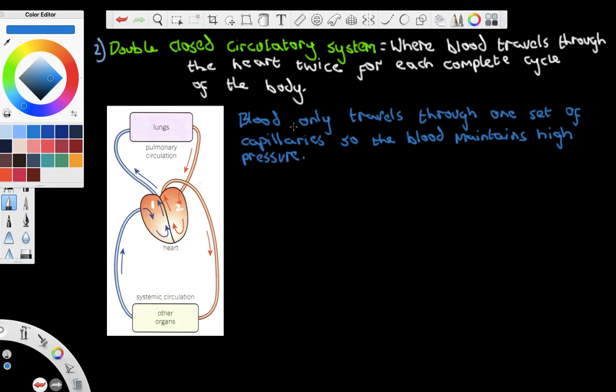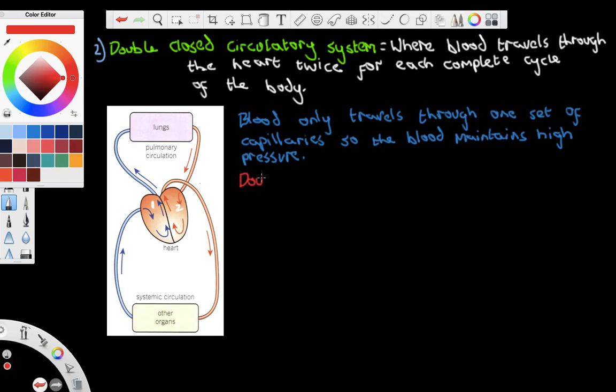Now, along with the other advantage of having the blood separated from the rest of the cells, the blood is stuck inside of blood vessels, other than having the ability to move blood to wherever you want it inside of the organism, where it's needed most, as well as being able to maintain high pressure, a double circulatory system also maintains a steep concentration gradient.